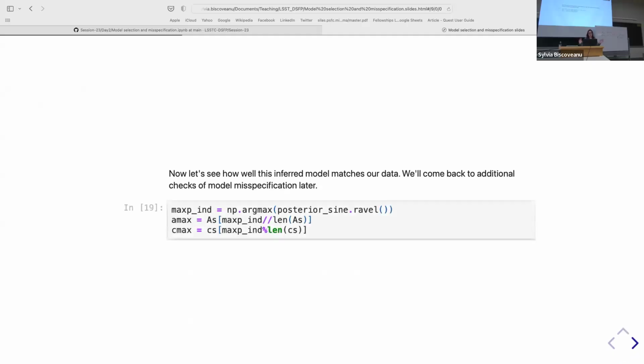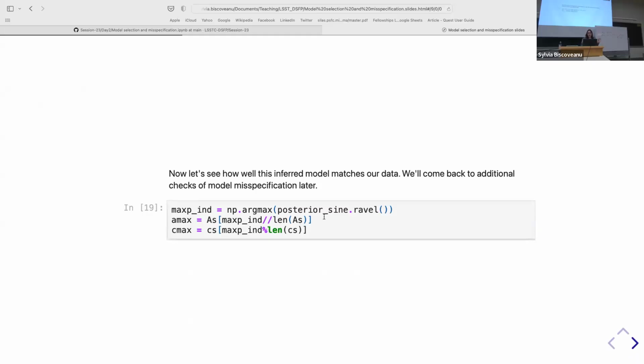And so towards the end, we'll talk about model misspecification, but I just want to stress that a lot of checks of model misspecification are visual, and you should not underestimate the power of just plotting your results and seeing by eye, does this look like a good fit?